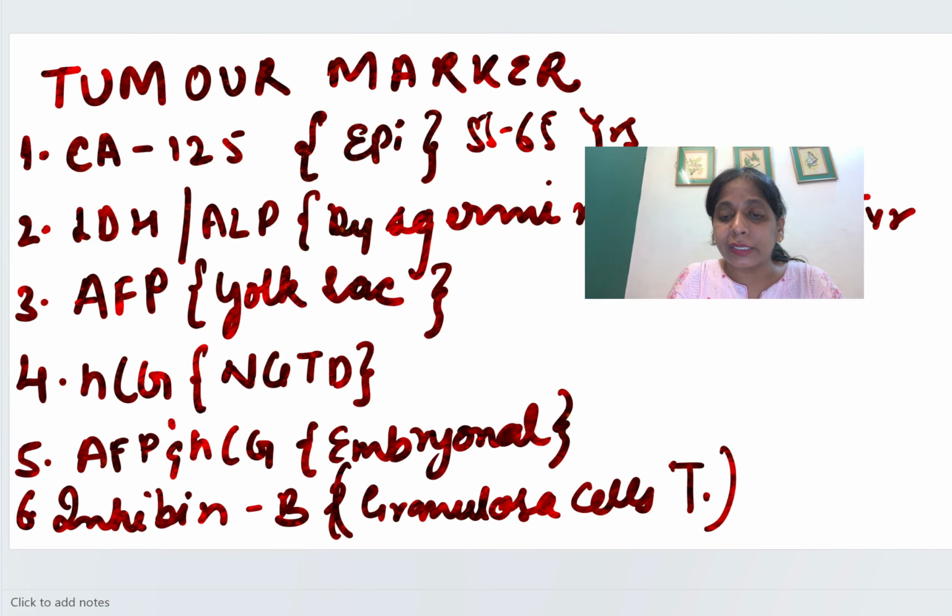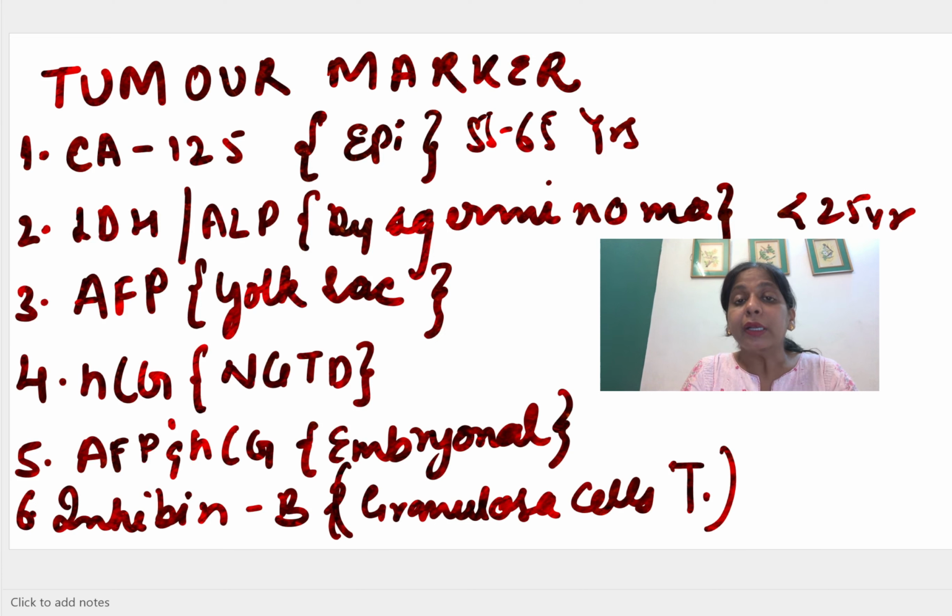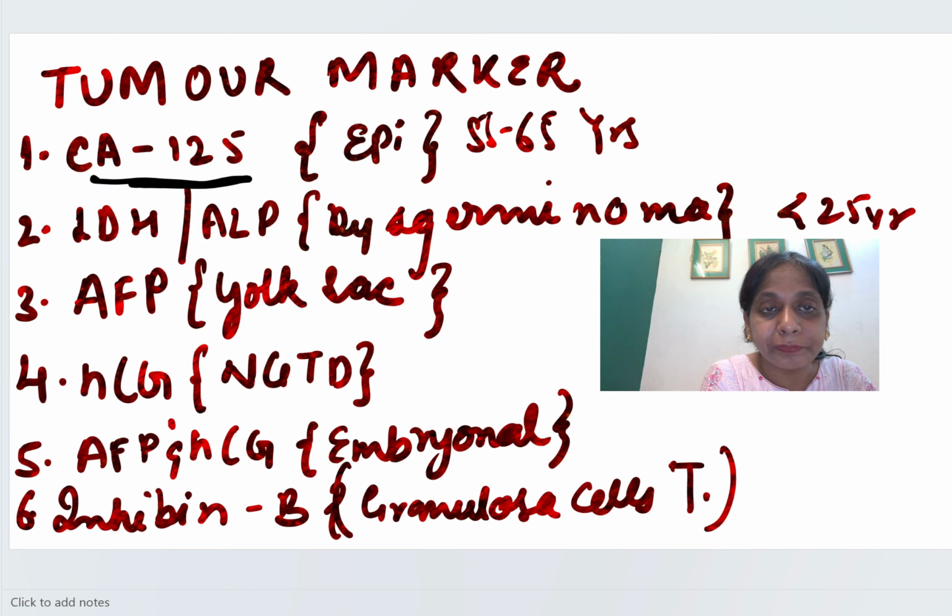If you get a lady of 55 to 65 years, then you will suspect that this is an epithelial ovarian tumor. So you are not going to send all the germ cell tumor markers. Then you will send CA125.